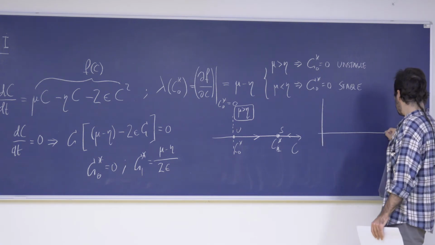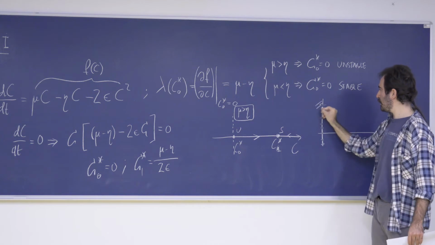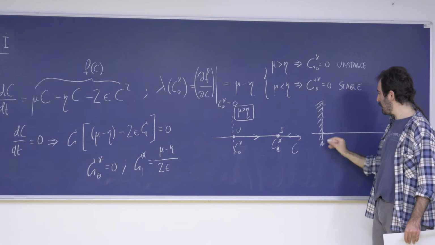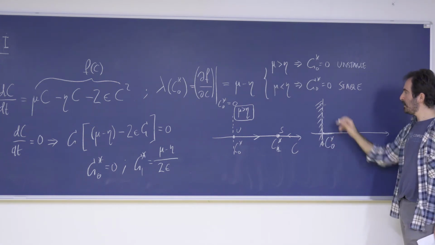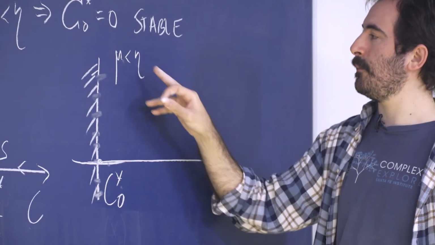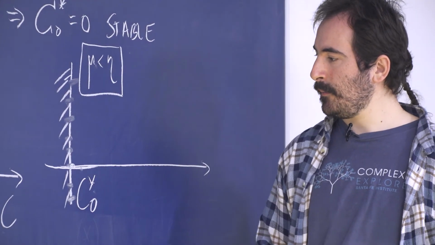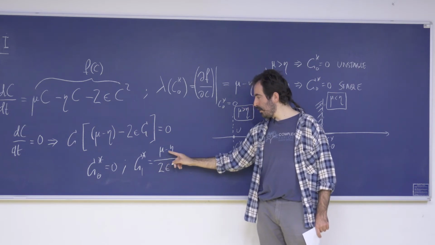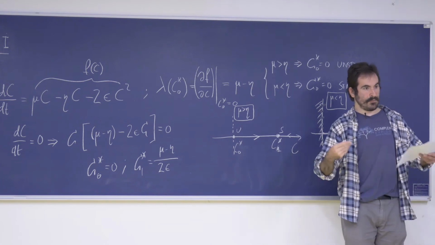Very directly, and I'm writing this like this, this is going to be a non-physical solution, right? And maybe here I went too fast, but the idea is that when eta is larger than mu, this is a fixed point, but now if I look at C1, because mu is smaller than eta, this is going to lead us to a negative value, which doesn't make physical sense, right?